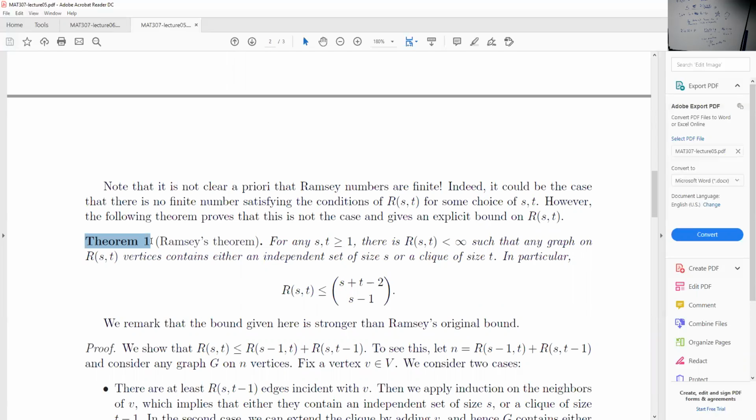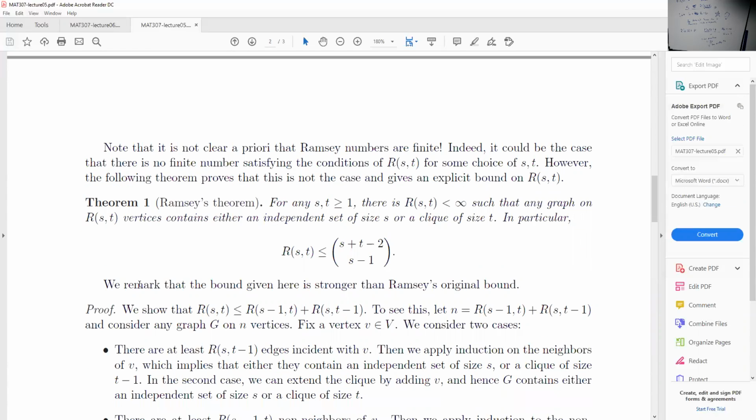In other words, that R(S,T) is finite. This particular bound that this author gives is the more recent bound. It's not the original bound that Ramsey gave, but it's based off of this inequality here.